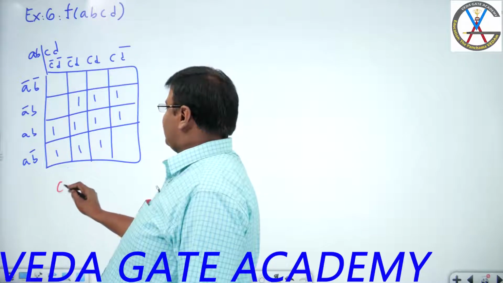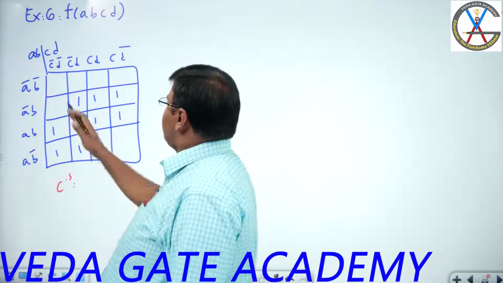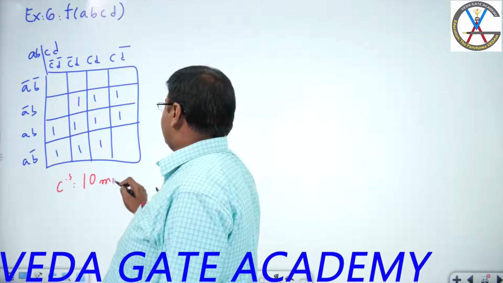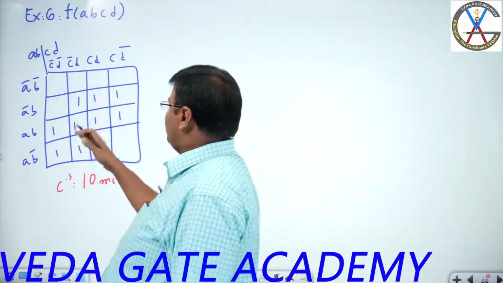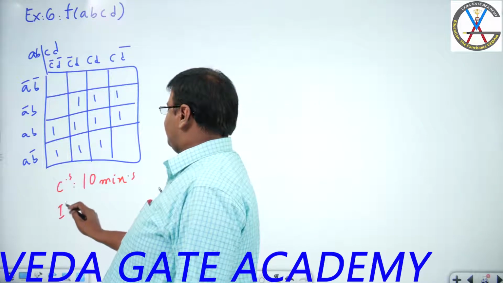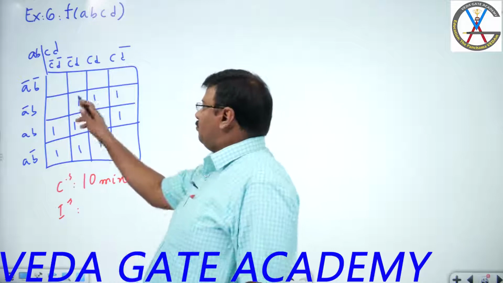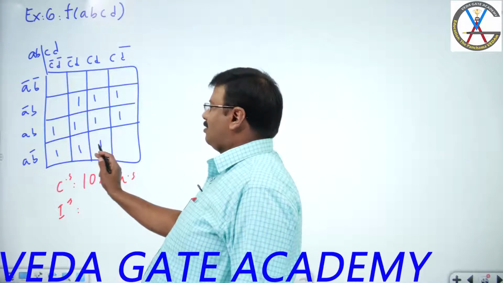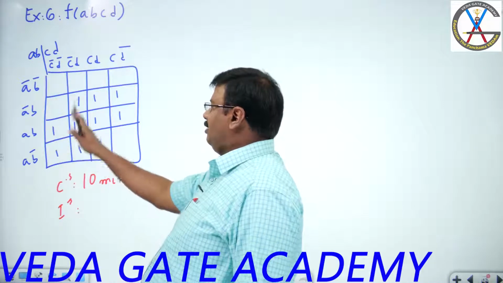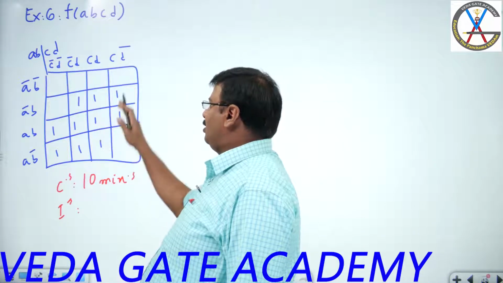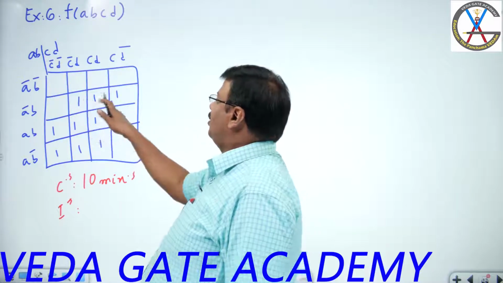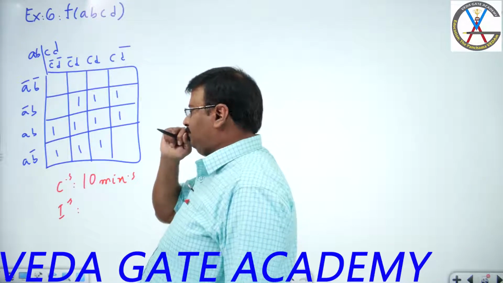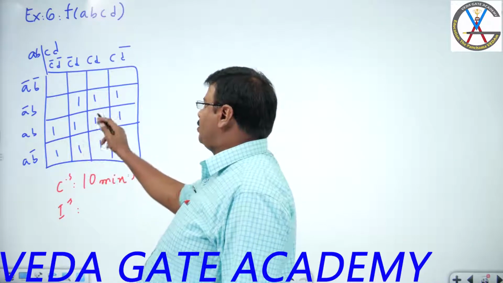Our first coverages: 4, 5, 6 are minus 10 coverages. Implicants: I repeat once again, 1, 2, 3, 4, 5, 6, 7, 8, 9, 10, 11, 12, 13, 14.